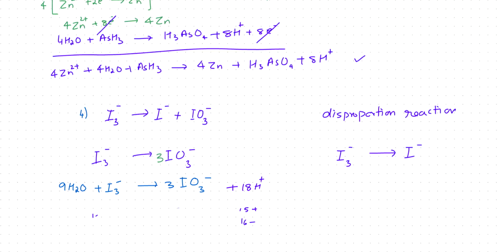One negative left side, one negative right side cancels. So out of 3, 1 electron is cancelled. So 2 negative charges and 18 positive charges. So 2 negative and 2 positive, they neutralize. So 16 positive charges. To cancel that, we add 16 electrons, 16 negative charges. So this equation is balanced.